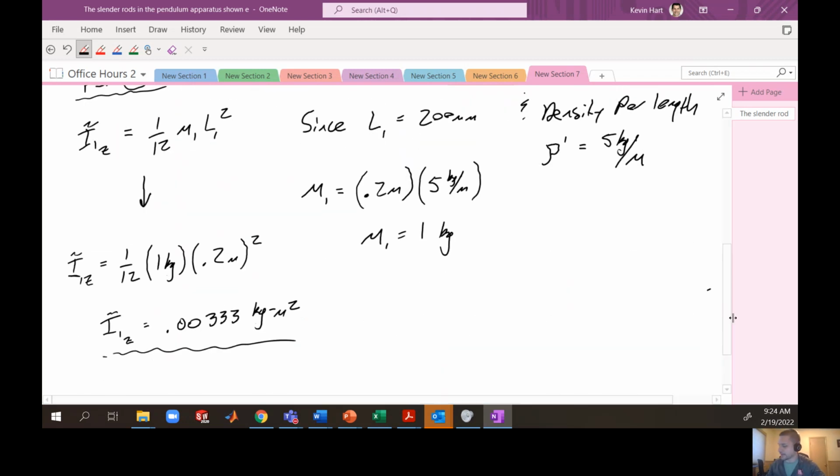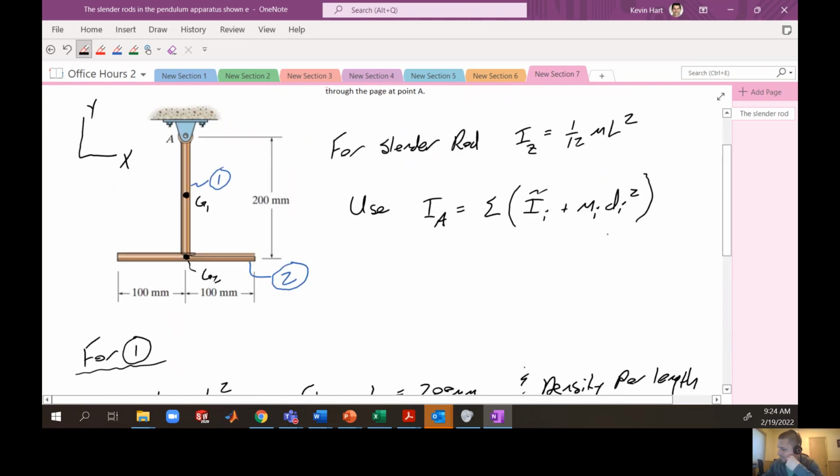So I'll come back down here. Again, here's I tilde 1. We have the mass of object 1, and we have I tilde 1 about Z. We're also going to need, if we look at our parallel axis theorem, the distance between our axis of interest, which is the axis passing through point A, and our centroidal axis, which is the axis that passes through point G1 into the page.